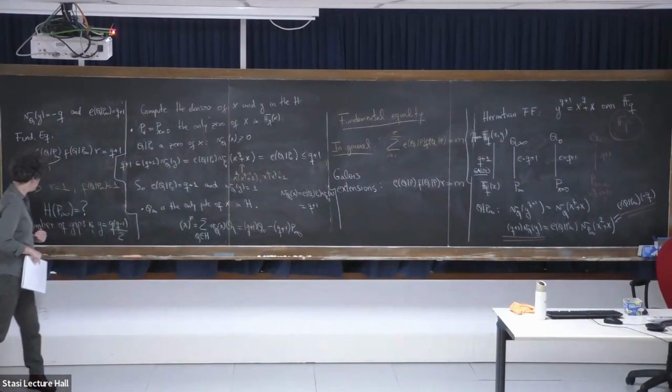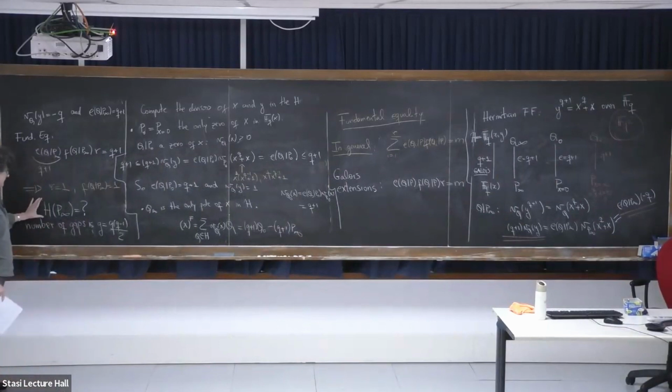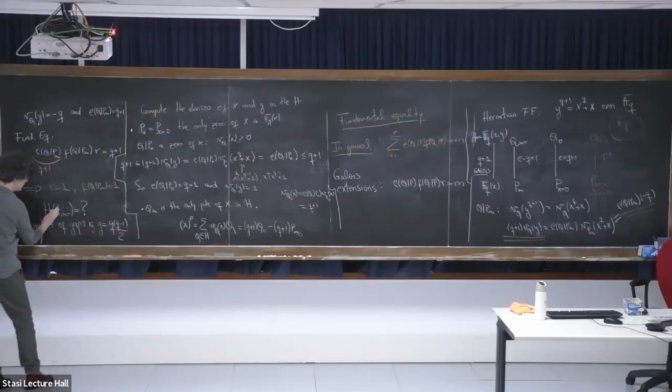Let's come back a little bit to what we want. We want the semigroup at the point, not P infinity, actually at Q infinity. We are looking at the place up there. What is the semigroup here?